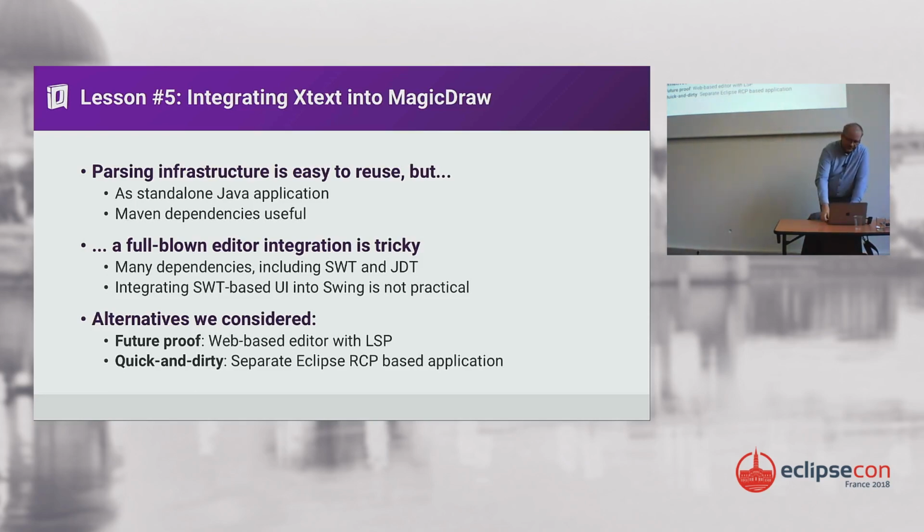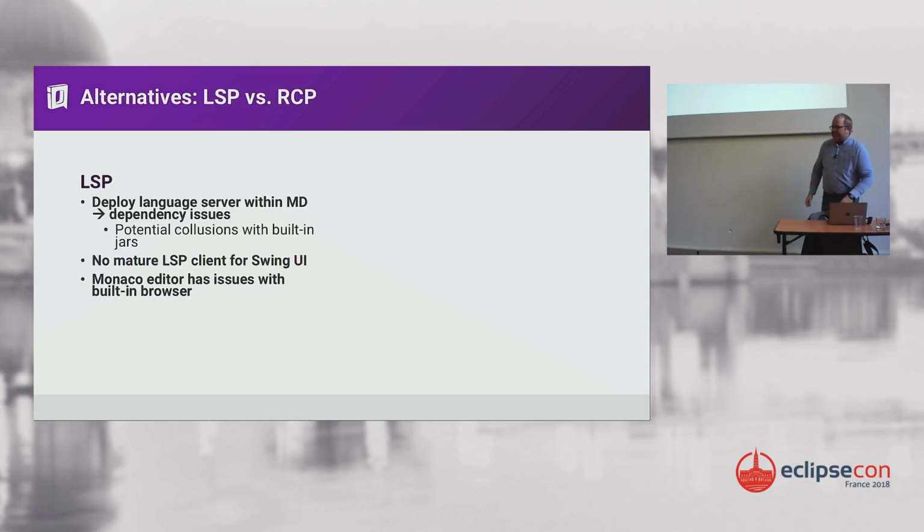Okay, that's good. So LSP basically allows us to separate the front-end part of a text-based application from the back-end part of a text-based editor. The back-end part is called a language server, but this is something that you would still typically deploy within your desktop applications for technological reasons.